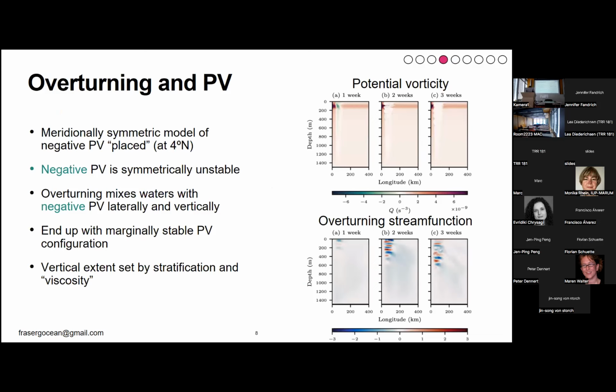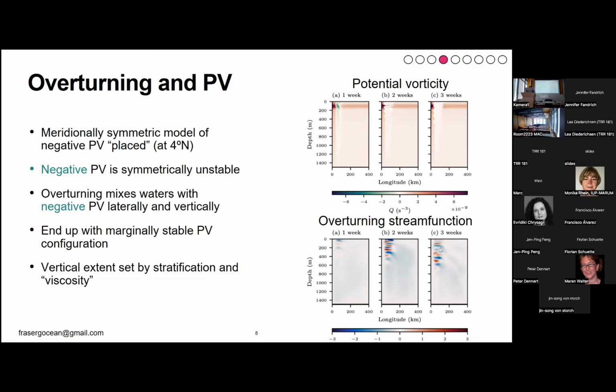We're probably not resolving the homogenization of PV correctly, no, because we also know that it's the secondary instabilities, which are the shear instabilities, which are properly doing the homogenization. So here it is the viscosity which is doing the mixing for us because we're not resolving that. But I guess we're still seeing the excitement of symmetric instability in the first place.